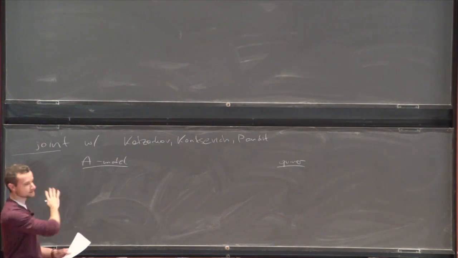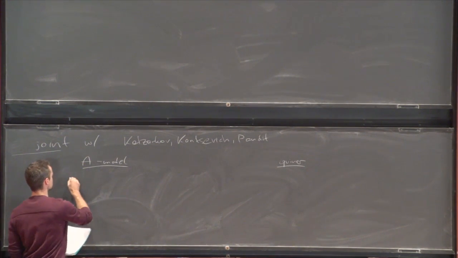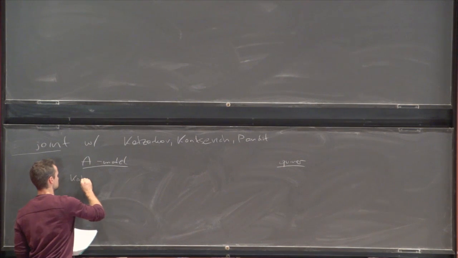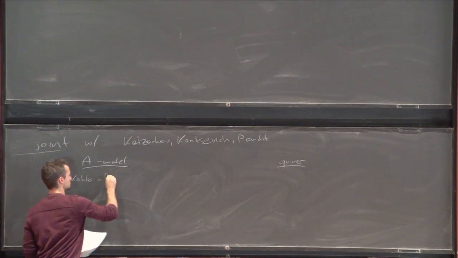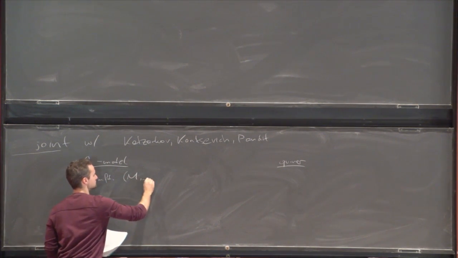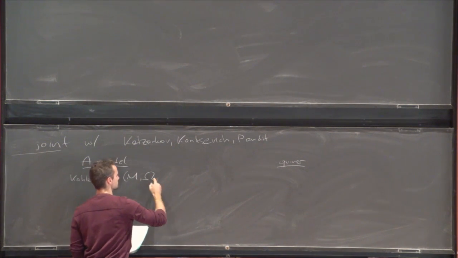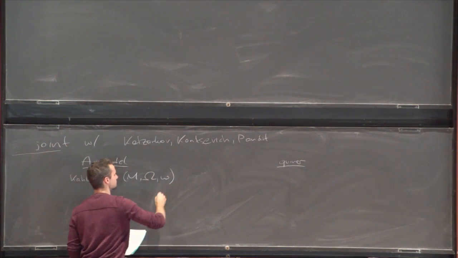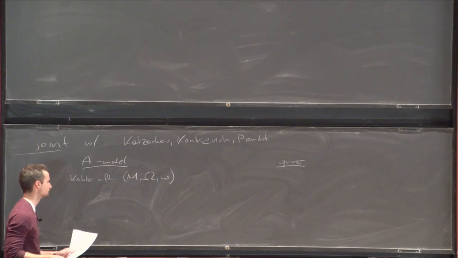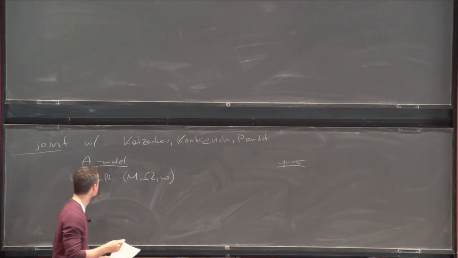On this side, we start with a Kähler manifold (M, omega), some holomorphic n-form and symplectic form, not necessarily a Calabi-Yau condition.